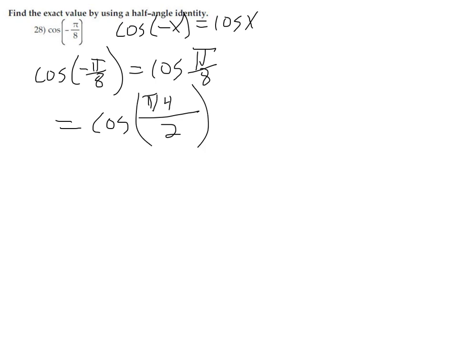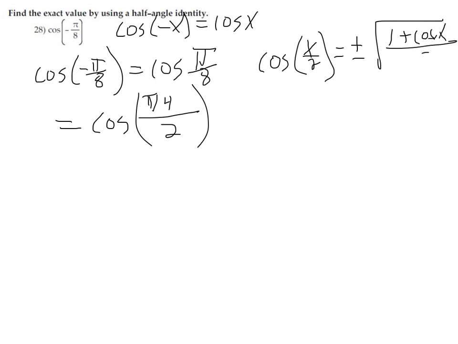Okay, now our identity that we're working with is cosine of x over 2 equals plus or minus the square root of (1 plus cosine x) over 2. So in our identity, we have x over 2, pi fourths over 2.